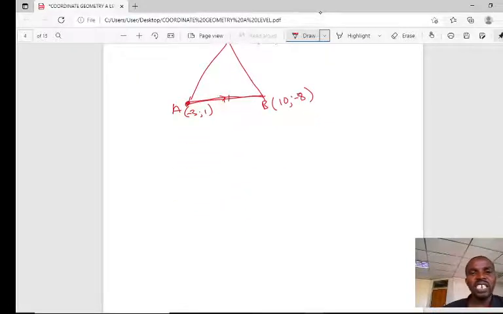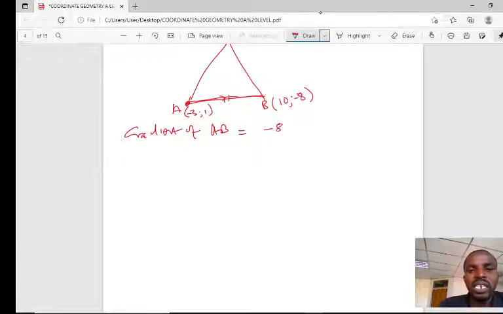Let me find the gradient of the line AB. Since you have the points, remember we said y2 minus y1 over x2 minus x1. y2 is minus 8, minus y1 which is 1, over x2 which is 10, minus minus 3.